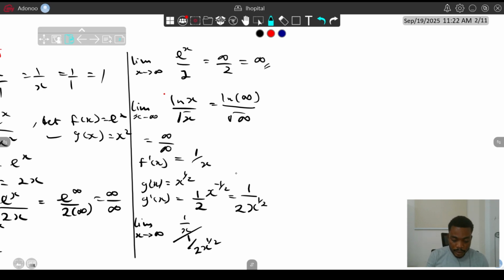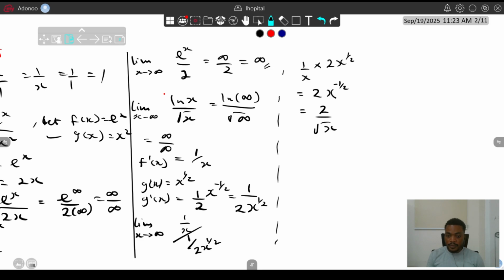And this is the same as saying we have 1 over x times 2x raised to the power 1 over 2, and then we have 2x raised to the power minus 1 over 2, and this gives us 2 over square root of x.